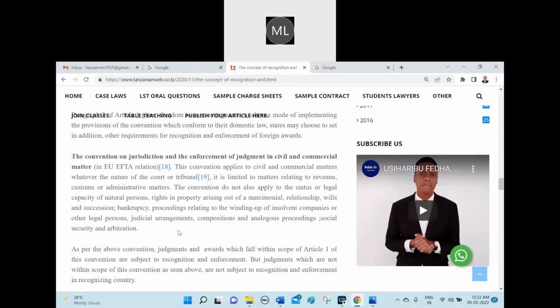It is also giving the same thing. What is a civil and commercial matter? It is the convention on jurisdiction and enforcement of judgments, that is, the European Union Convention. But it also will not apply to the status or legal capacity of natural persons.